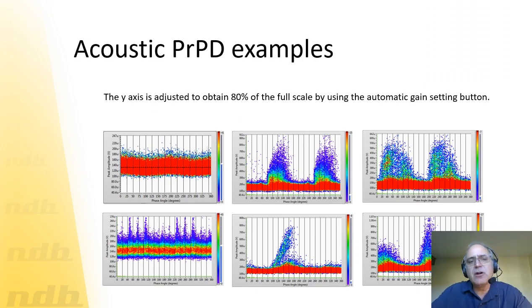Those are examples, but of acoustic. They are a little bit different because acoustic and electric behavior is not the same. In the transformer, one is traveling in oil and steel, and the other one is conducted pulses that run to ground. So it's not the same phenomenon, but the same concept applies. The first one here is nothing. It's totally noise.